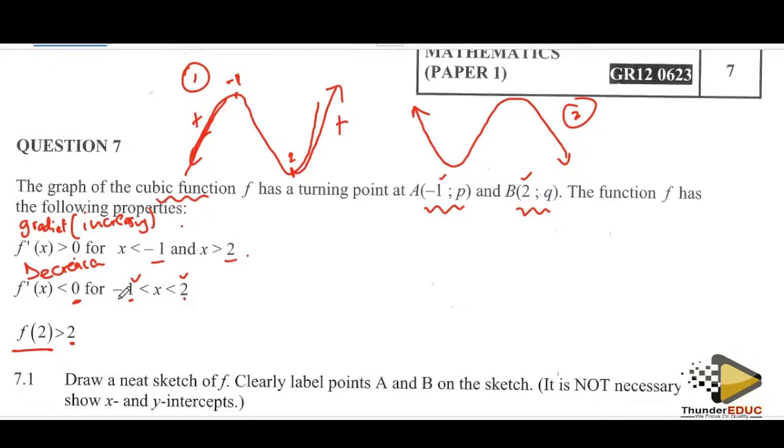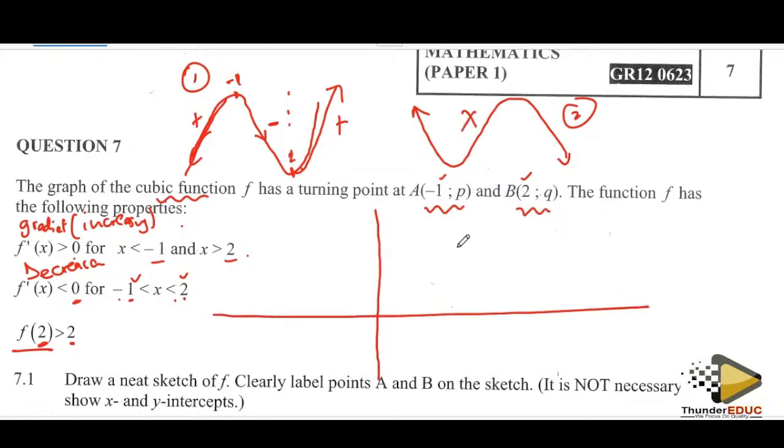But between -1 and 2, the graph is decreasing, so it's negative. Then they are telling us that the y value where x is 2 must be greater than 2. So I already know I don't need to consider the other one, since this one just perfectly brings about the type of graph I want.